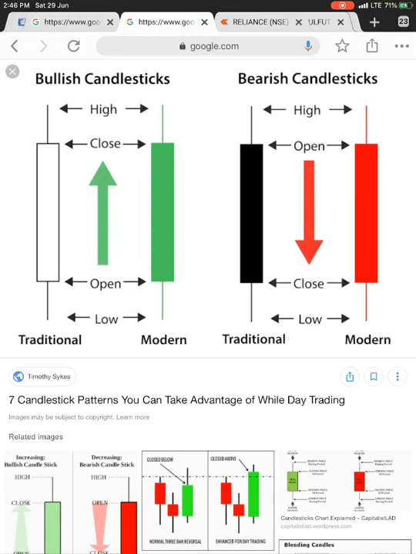Note that each candle is a tug of war between buyers and sellers. If a bullish or green candle is formed, that means the buyers in that stock or instrument are dominating the sellers. The reason for a red candle is that the sellers are dominating the buyers, which means the stock or instrument is being sold more.